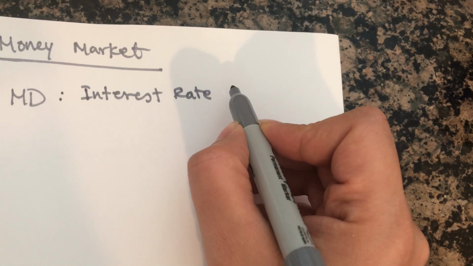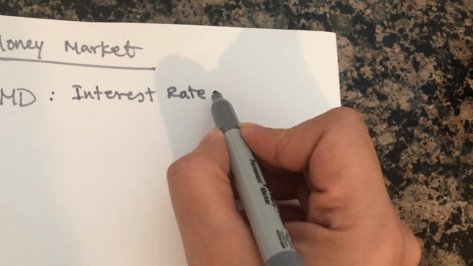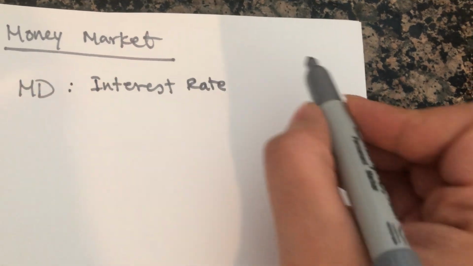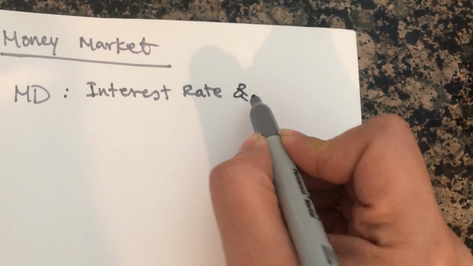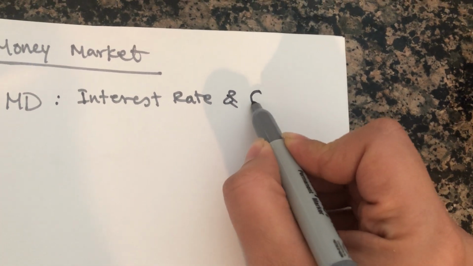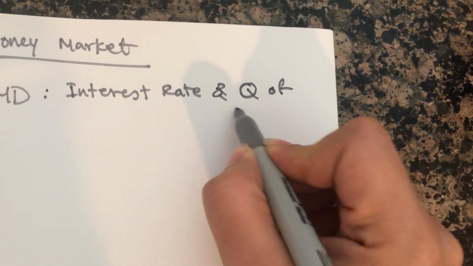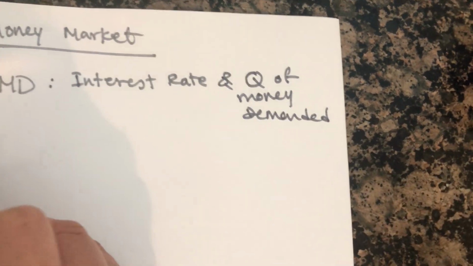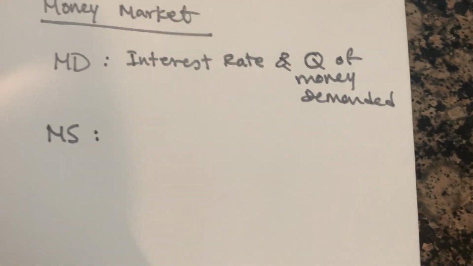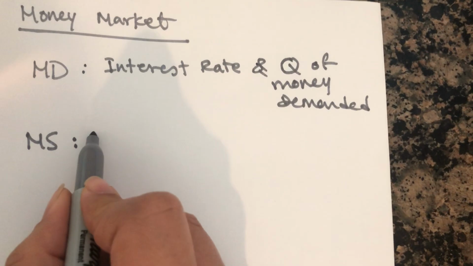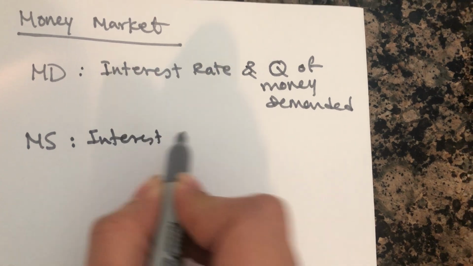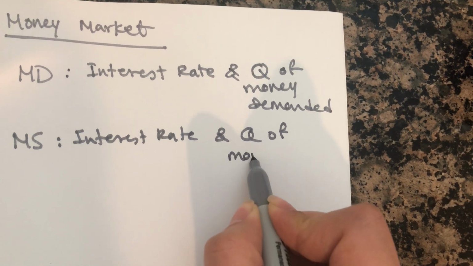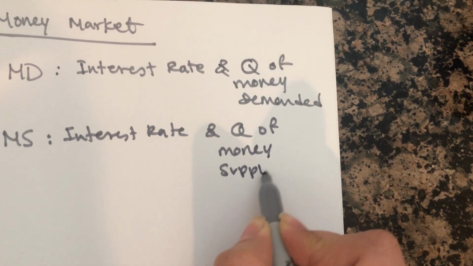So our MD, or demand for money, or money demand, shows the relationship between the interest rate and the quantity of money demanded. And our MS, money supply, or the supply for money, shows the relationship between the interest rate and the quantity of money supplied.